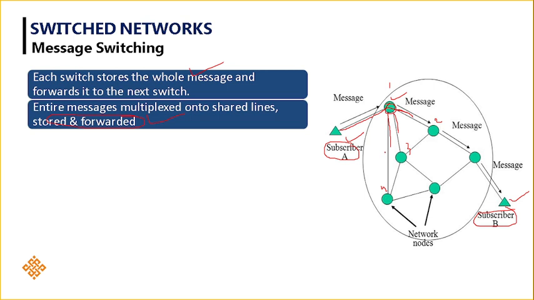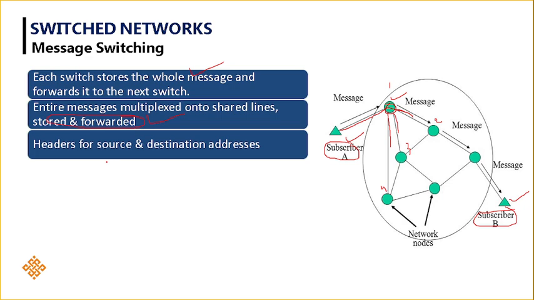That's why we call it the store and forward concept. Every header will contain the source and destination address, because here there is no fixed path. Every switch will decide its next best route or next best switch by seeing the destination address only. That's what every message will contain in the header, the destination address, until it reaches the destination.